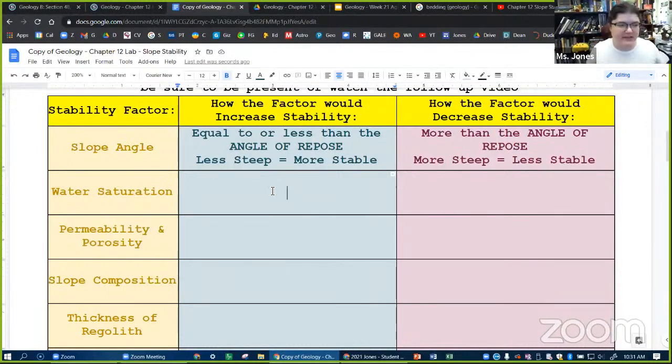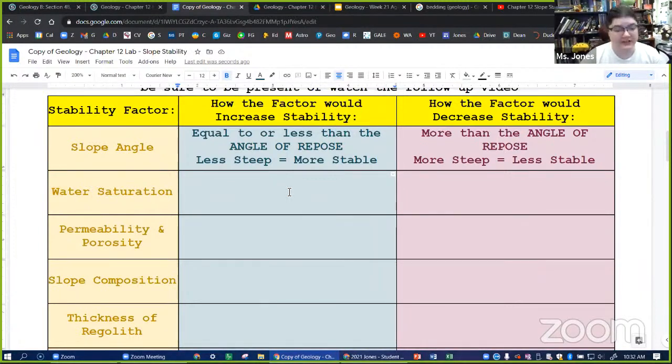That should make sense. Imagine building a pile of sand. The more steep it is, the more likely it is to collapse. We've talked about the angle of repose. That is the steepest that it can possibly get while still being stable. It's the natural angle that it would prefer to rest at.